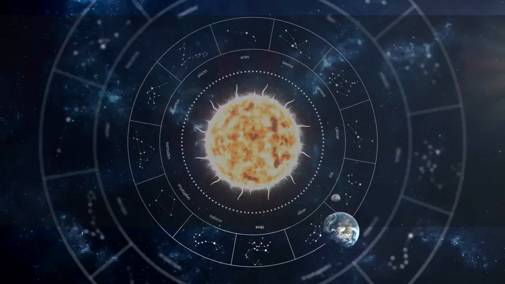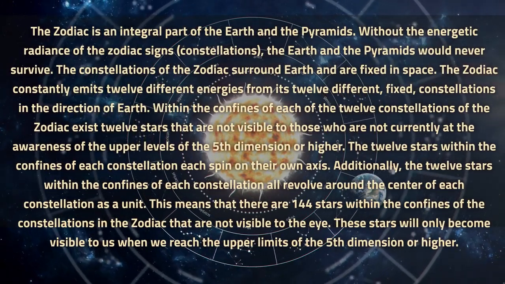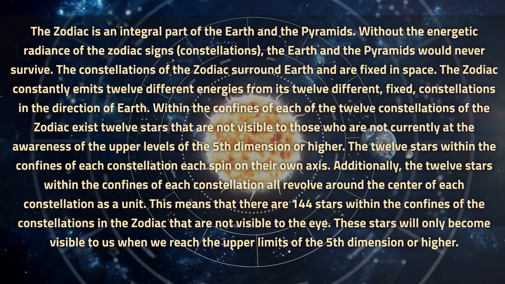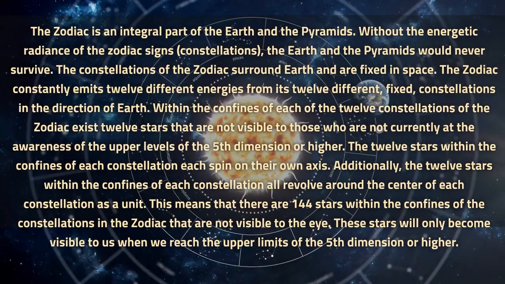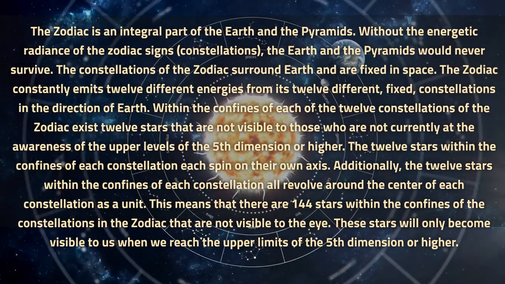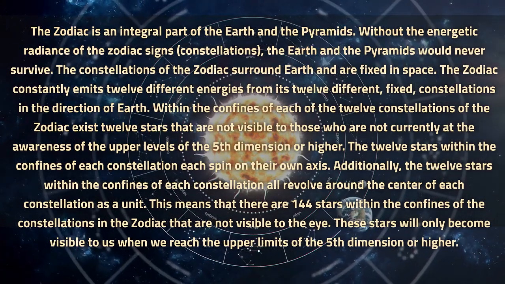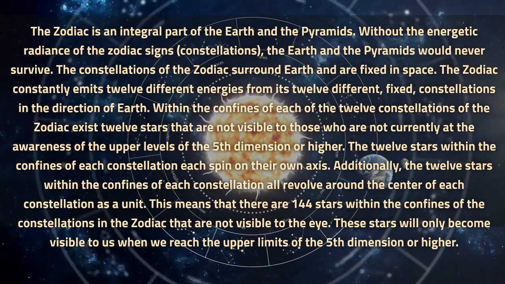The zodiac is an integral part of the Earth and the pyramids. Without the energetic radiance of the zodiac signs, constellations, the Earth and the pyramids would never survive.